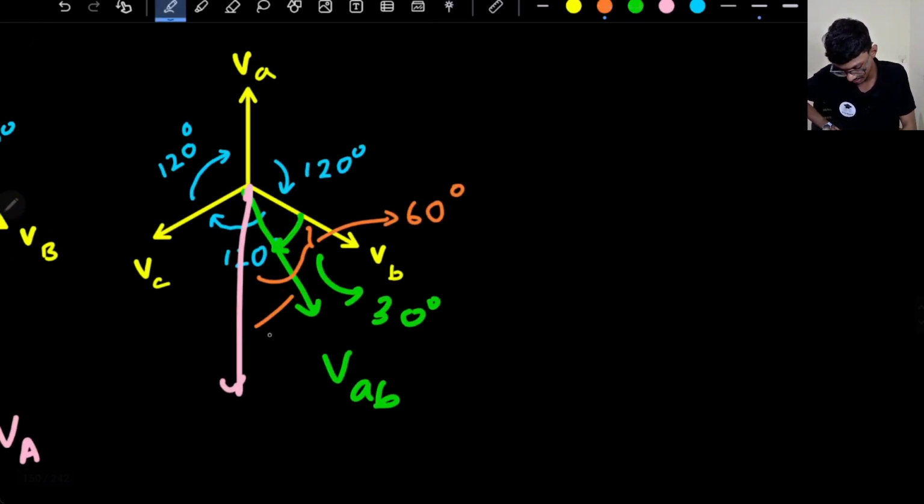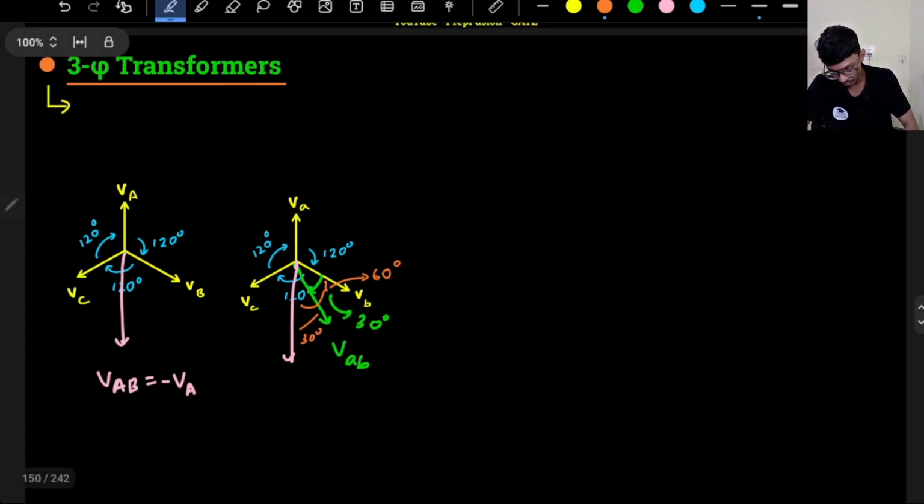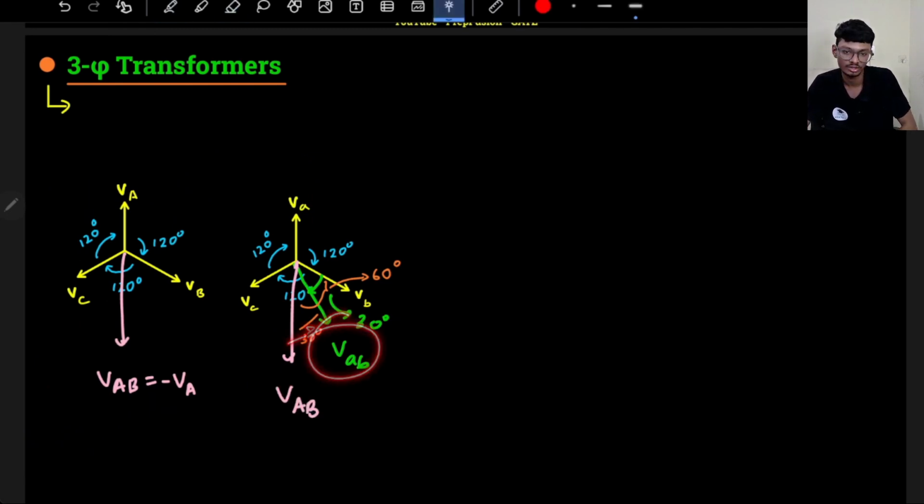This angle is simply 30 only, because overall it is 60. So what I can notice is that my capital VAB is here, and if I move in the clockwise direction, I am observing small VAB. So small VAB lags the capital VAB by 30 degrees.